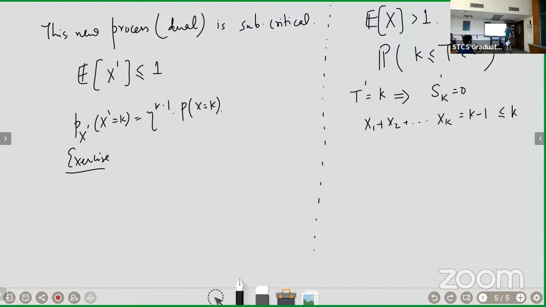So if you want to estimate this probability, how can I write it as a sum of independent identically distributed variables?